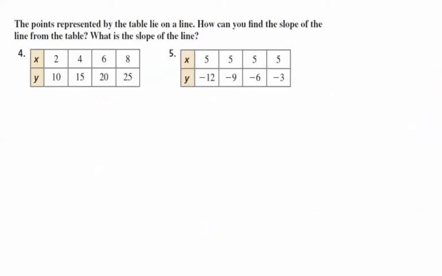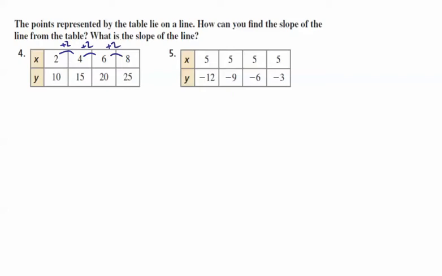Alright, so here we have tables. They're slightly different because now it's a horizontal table, not a horizontal line necessarily, but it's a horizontal table, and the x's are on the top, the y is on the bottom. So we can still try to measure the x change. In this case would be plus 2, plus 2, plus 2.